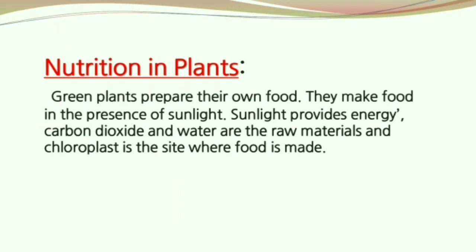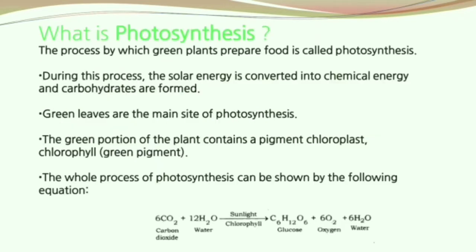Nutrition in plants. Green plants prepare their own food. They make food in the presence of sunlight. Sunlight provides energy, whereas carbon dioxide and water are the raw materials, and chloroplast is the site where the food is made. What is photosynthesis?